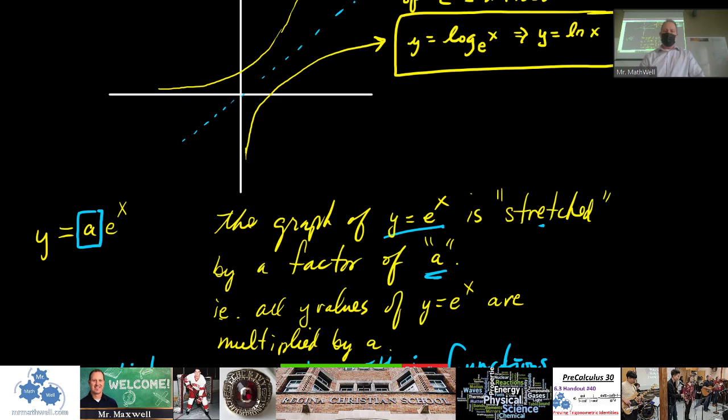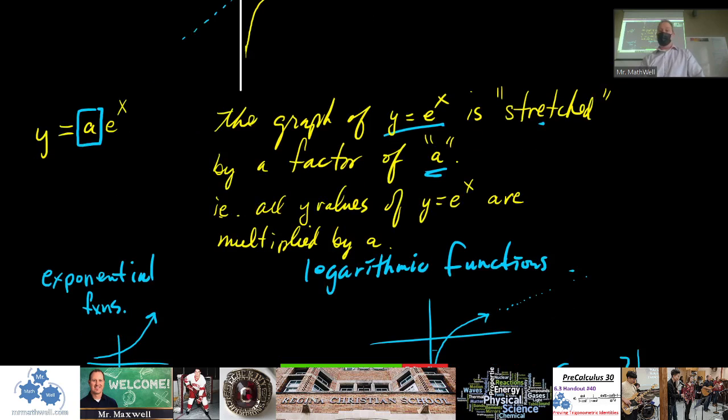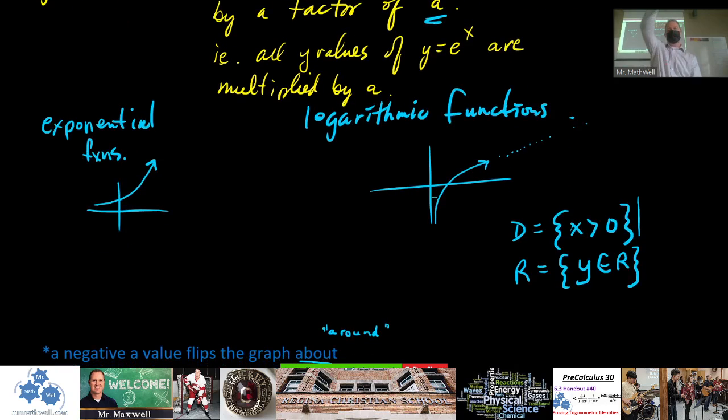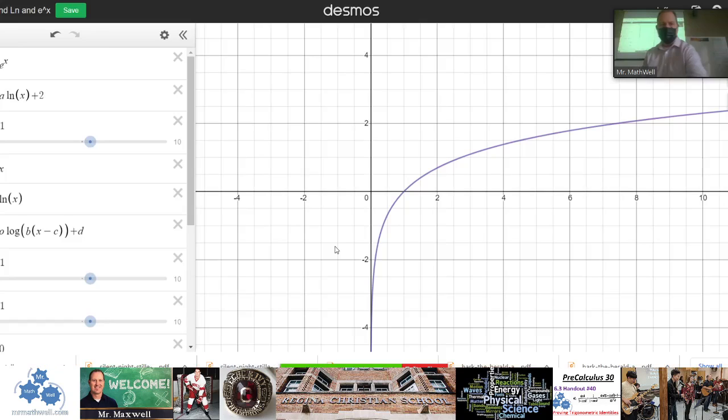Okay, and I've talked about this already, but whenever you see an a value in front of your exponential or an a value in front of your logarithmic function, it just stretches it vertically. So let me just flip over to Desmos here. All right, so this purple graph here is y equals natural logarithm of x, or log of x base e.